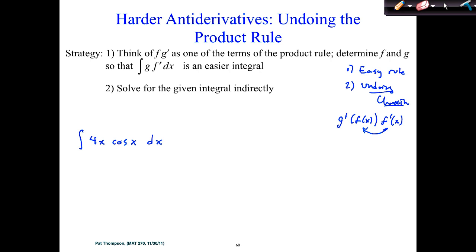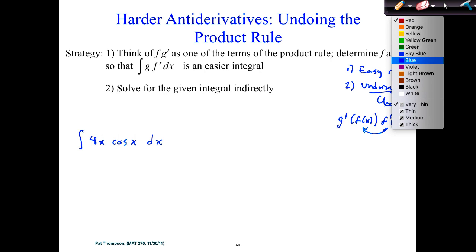So we've got a product of two things. Maybe it is undoing the product rule, right? So maybe it's g f prime. Then the question is, what is the g and what is the f prime?